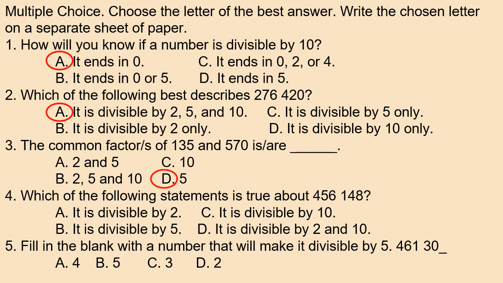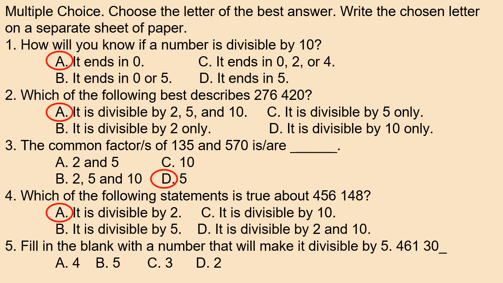Okay. Next, number 4. Which of the following statements is true about 456,148? Let's look at the last digit of our number. A, B, C, or D? Okay, the correct answer is letter A. It is divisible by 2.